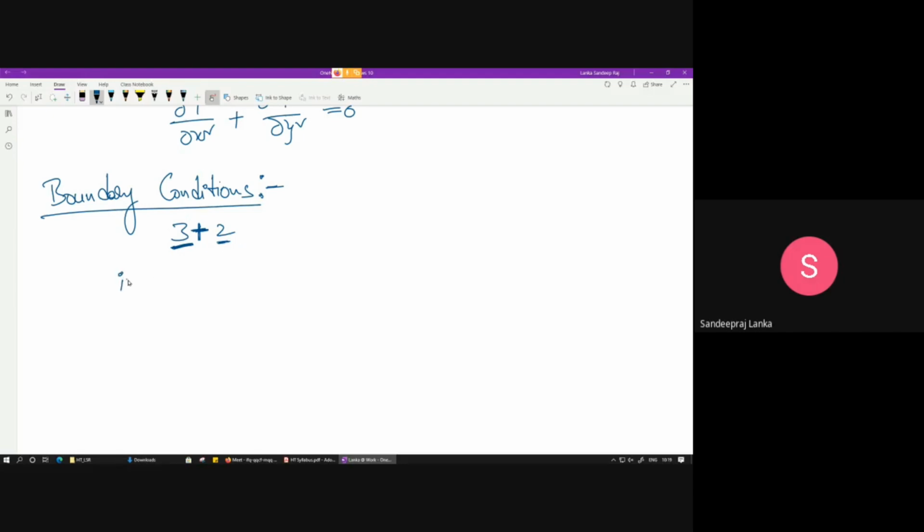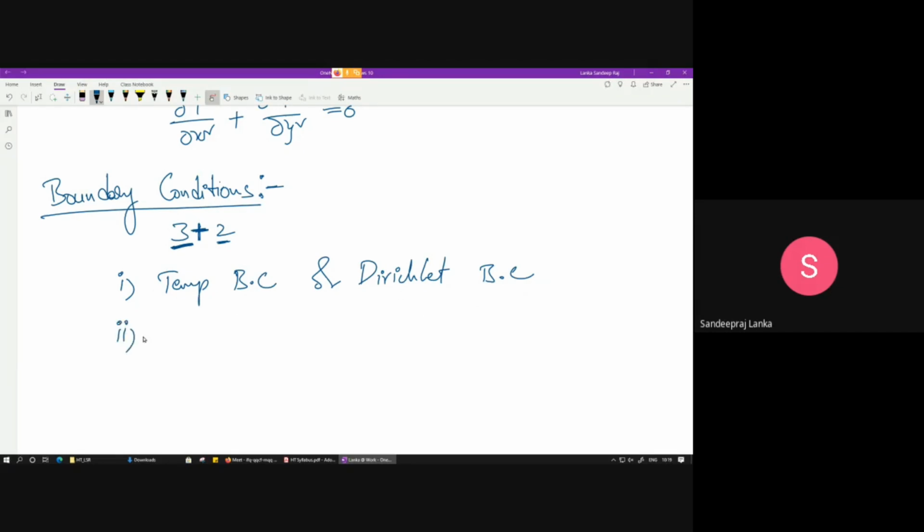So the first one is the temperature boundary condition, also called the Dirichlet boundary condition. Dirichlet is the man behind this temperature boundary condition. That's why you call it the Dirichlet boundary condition.